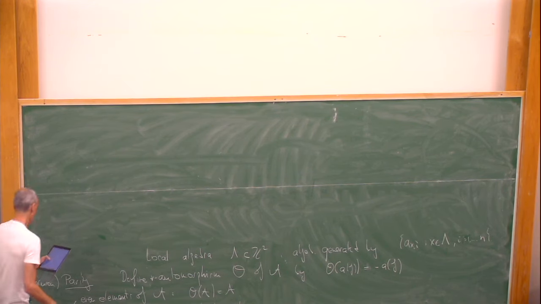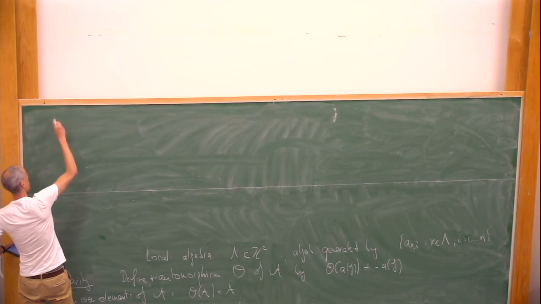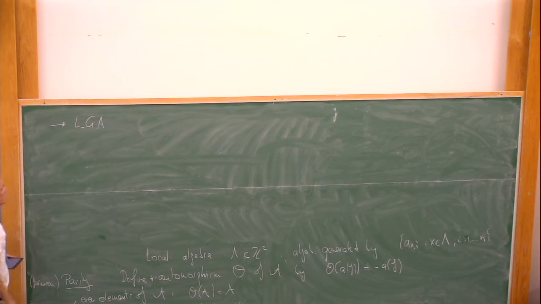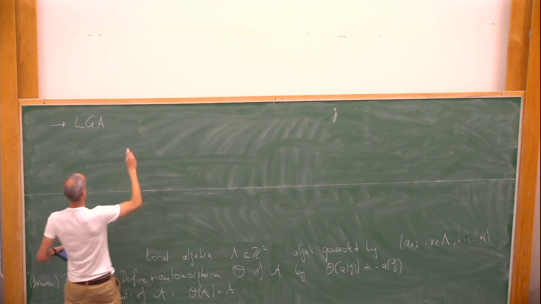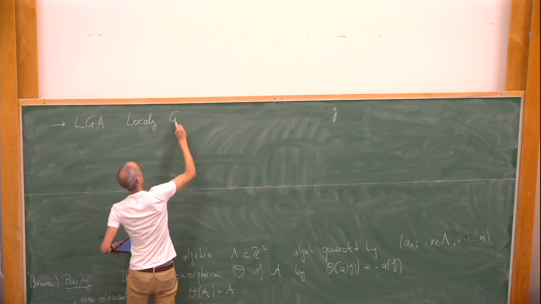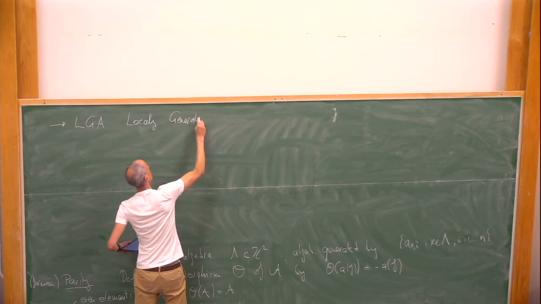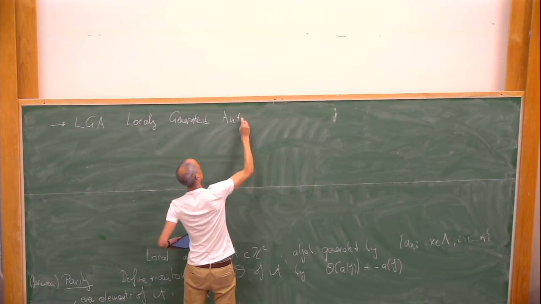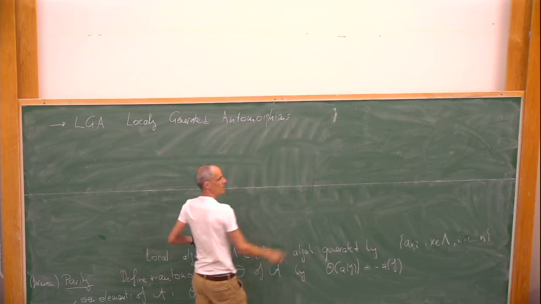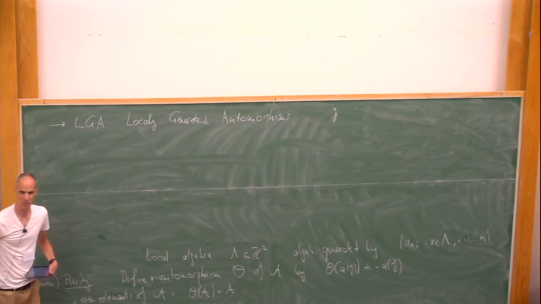So now, if you have a TDI, you have a corresponding LGA, again a notation introduced by Kapustin and Sopenko and company, for locally generated automorphisms. It's the taus we've seen before.